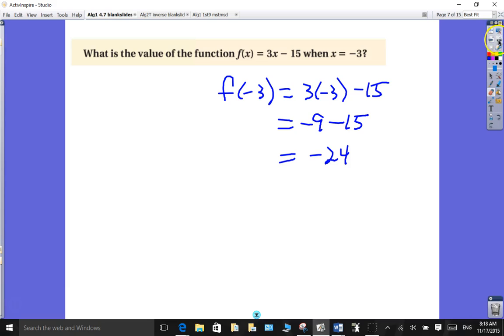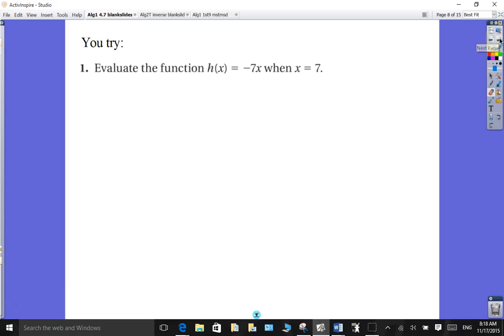Okay, the next one is a try for you. Evaluate h of x equals negative 7x when x equals 7.